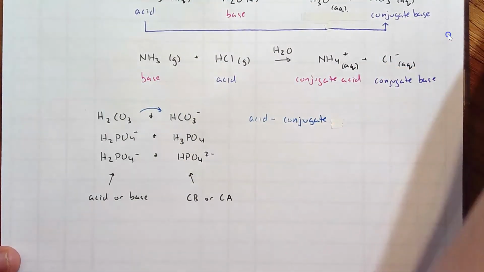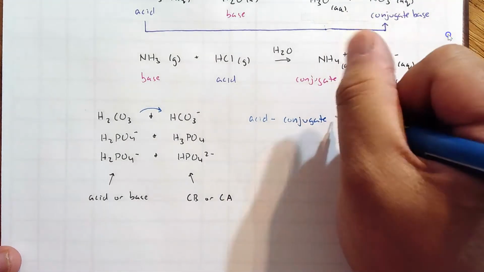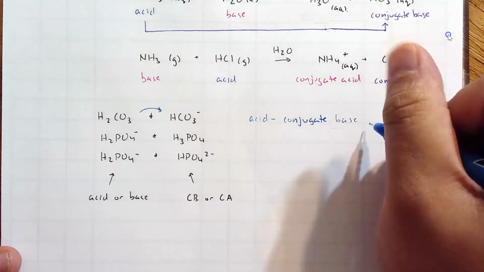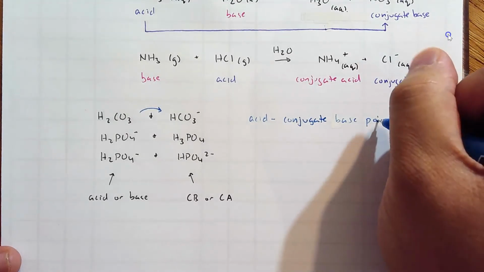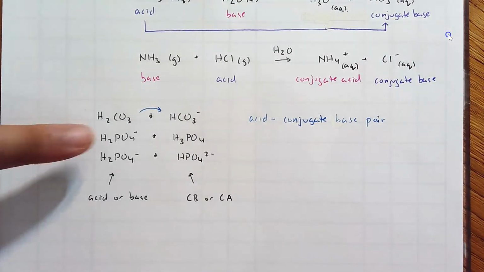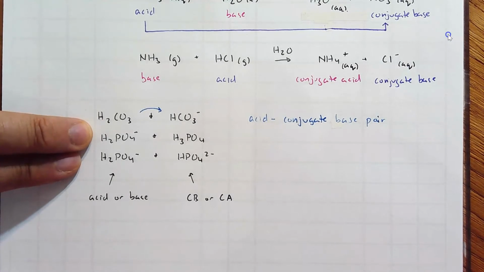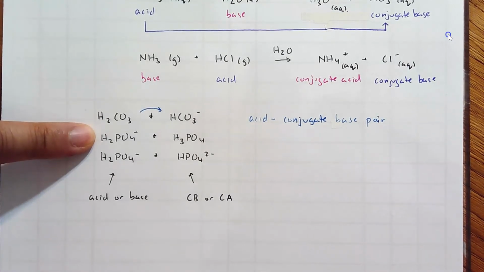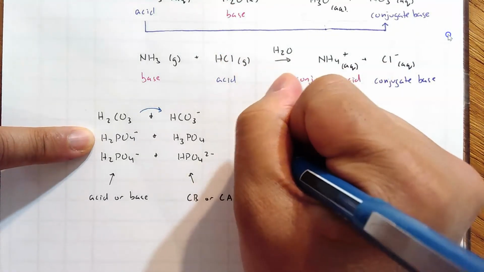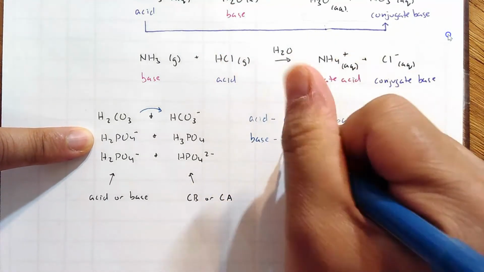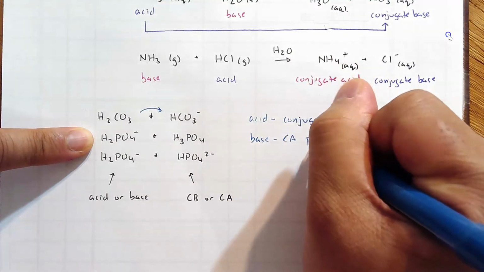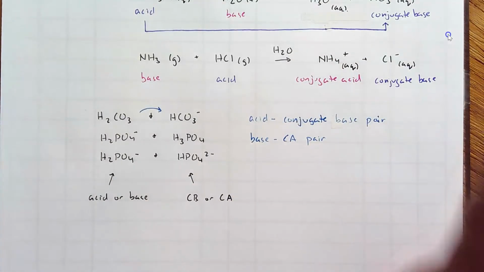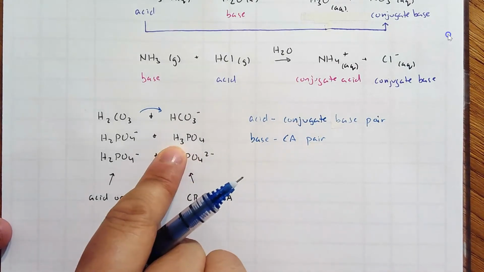Can you do the other two? Okay. What about these two? This one accepted a proton. So we have a base conjugate acid pair. And we can always double check. We call this a conjugate acid.